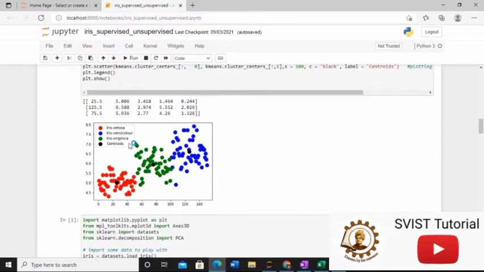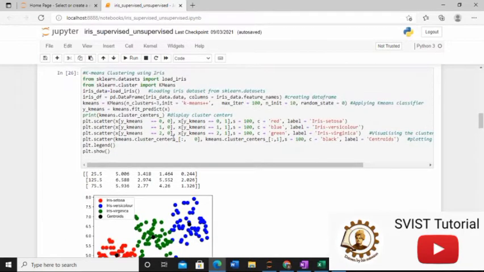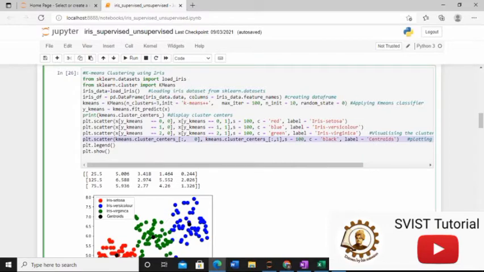Now see, we have one more black dots too. Now what is this black dots? So these black dots are known as centroid. So whatever algorithm we are going to learn today, it is known as K-means clustering algorithm.